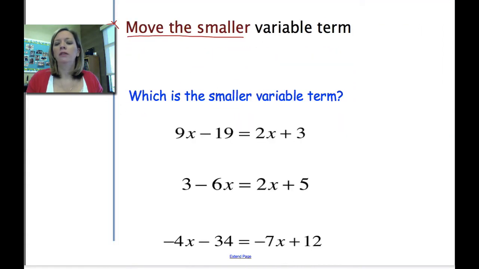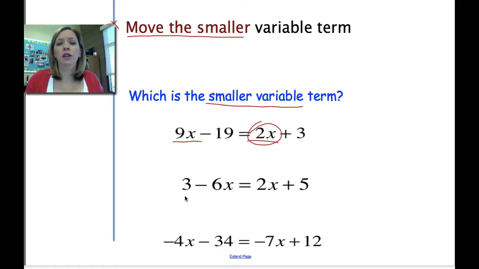So we're going to try to move the smaller of the variable terms. Let's look at a couple of examples and determine which is the smaller of the variable terms. In this equation, we have 9x minus 19 equals 2x plus 3. Which is smaller, 9x or 2x? Obviously we look at the coefficient. 2 is smaller than 9, so 2x is the smaller variable term.